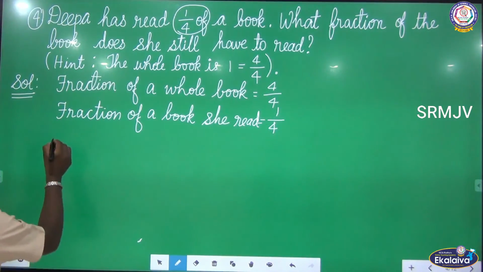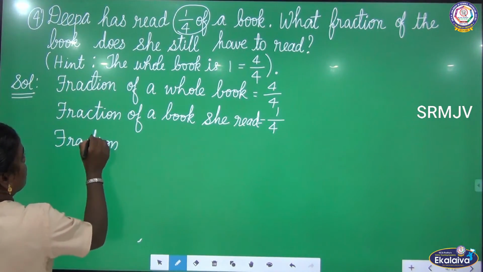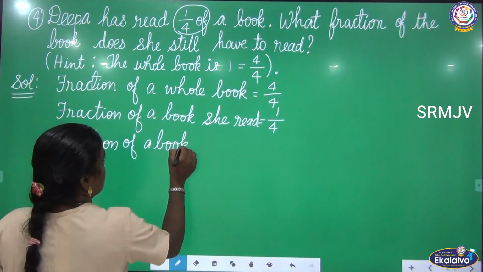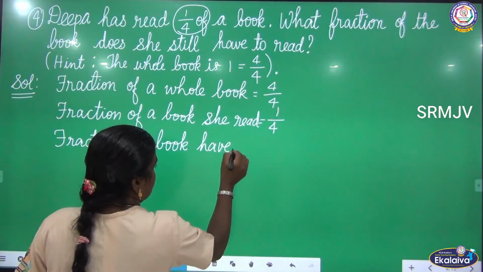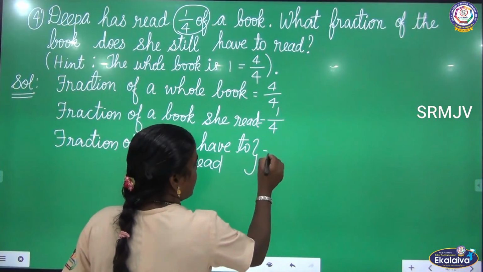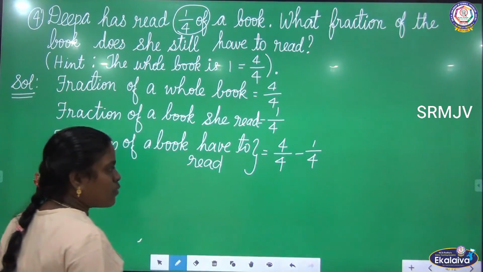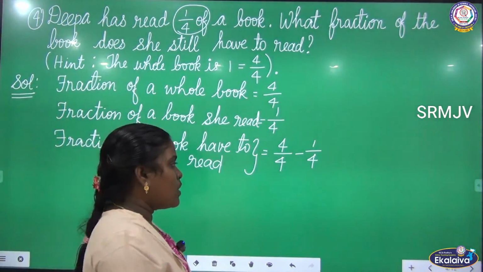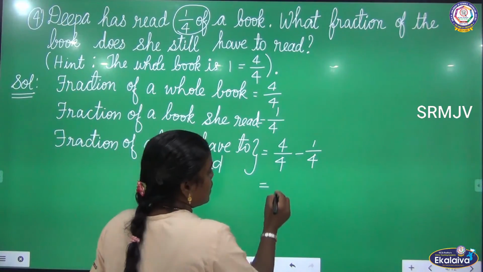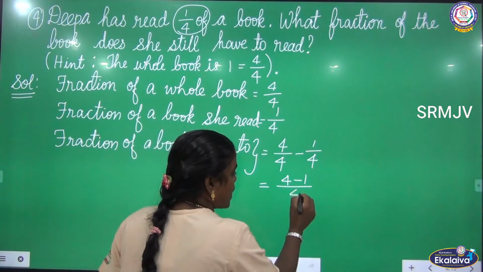Now let us find the fraction of a book she has to read. Fraction of a book have to read, that is subtract the given fractions. The fractions are 4 by 4 minus 1 by 4. Here the denominators are same, that is the fractions are like fractions. So subtract only the numerators, 4 minus 1, and the denominator remains the same.